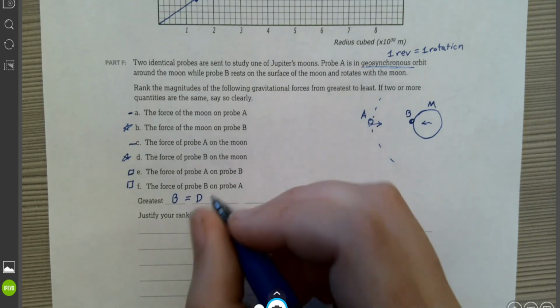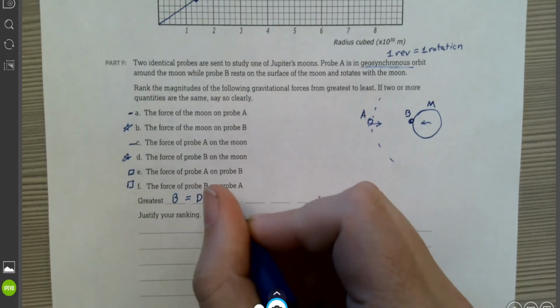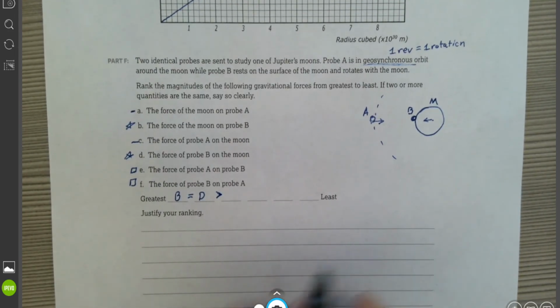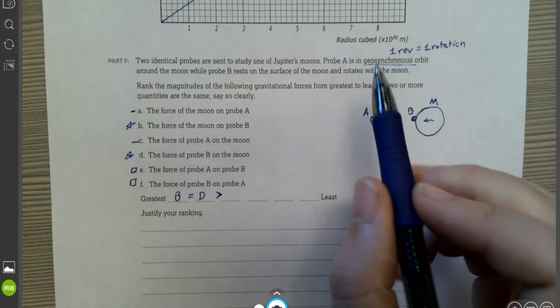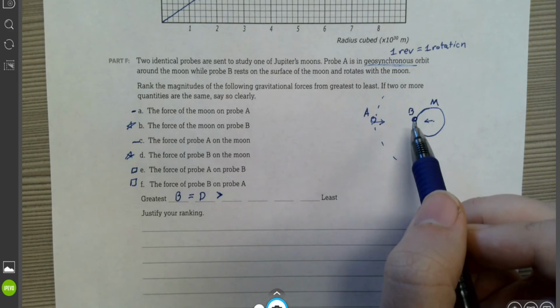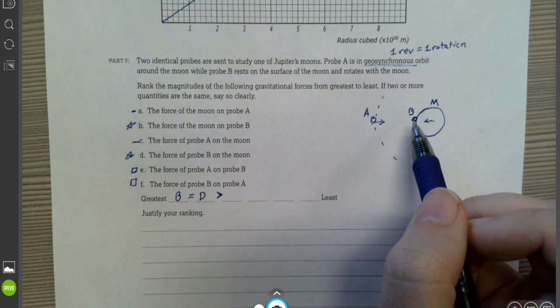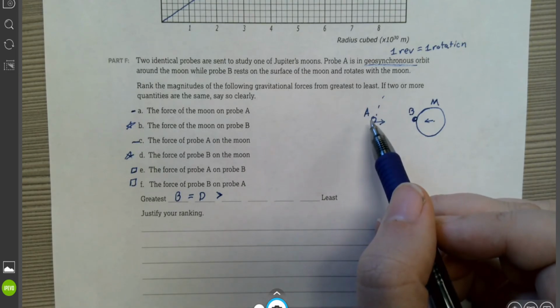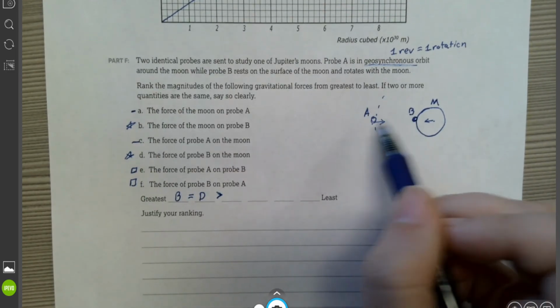Now, we know that those are the greatest forces because of the distance between them, so I'm going to put a greater than sign. Okay, now the next part is, let's find out the middle ground. Is it going to be M and A, or is it going to be A and B? Now, the difference in the distance between M and A and B are pretty close to each other.